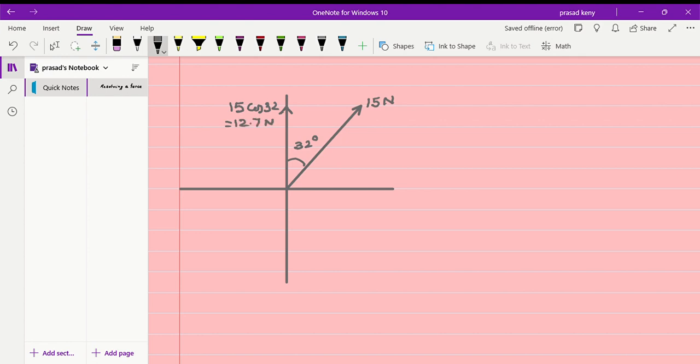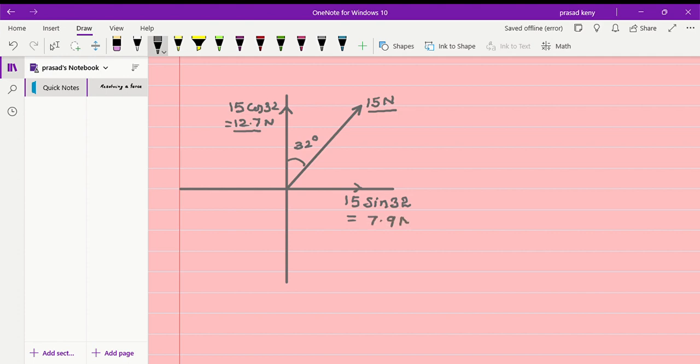So this 15 Newton force will have a component of 12.7 Newton along the positive y direction, and perpendicular to that, along the positive x direction, there will be a sin component, 15 sin 32, and that is equal to 7.9 Newton.